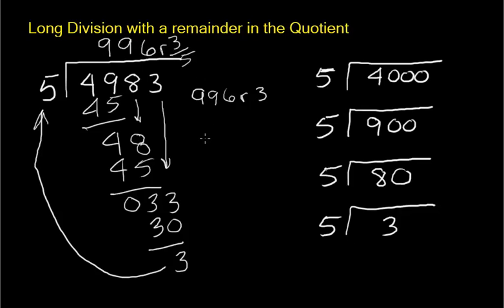Because 996 and 3/5. Well, if we make that a decimal, right? 5 times 25 equals 100.